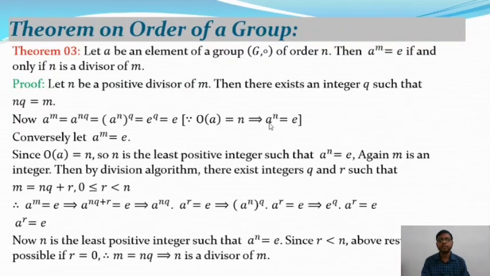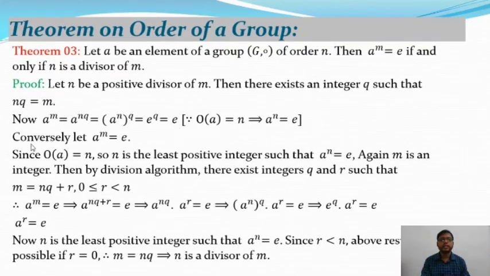So a to the power n is equal to e, by the definition of order, where e is the identity element. So from this we get a to the power n, whole to the power q, is equal to e to the power q, and you know that any power of the identity element is equal to the identity. Therefore a to the power m is equal to e.